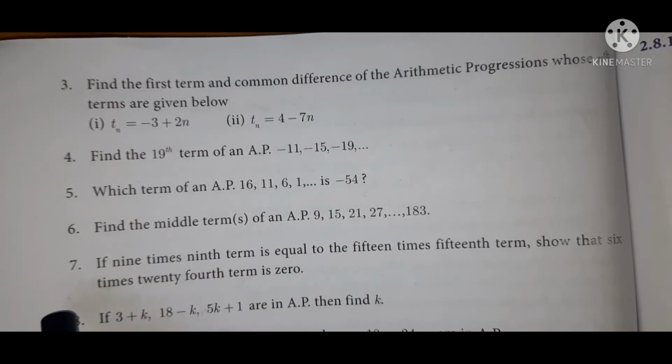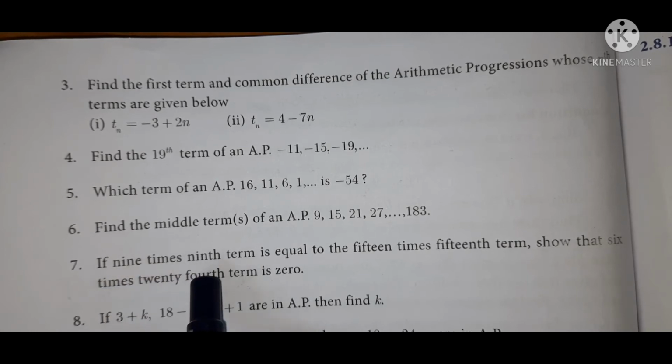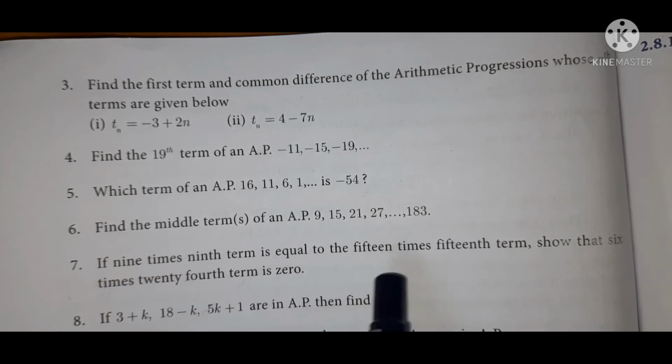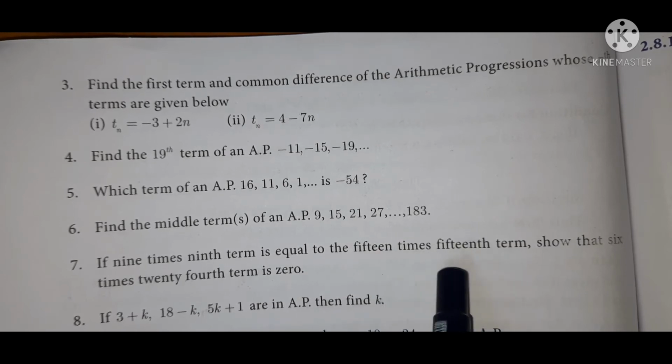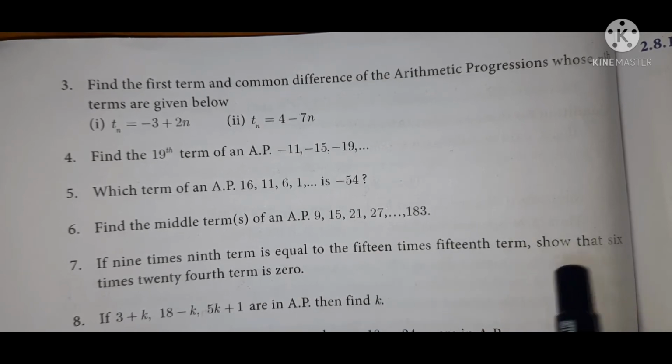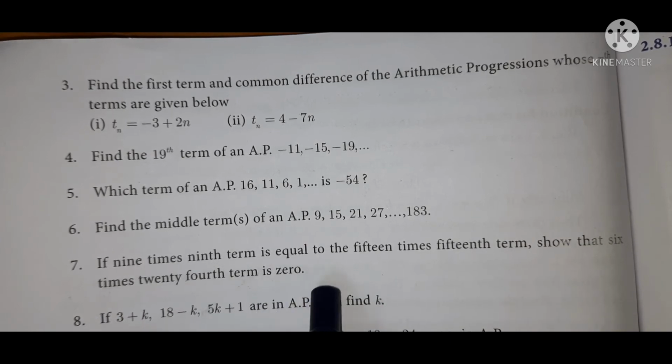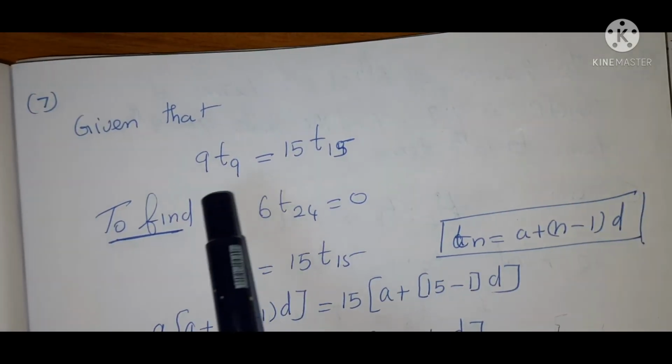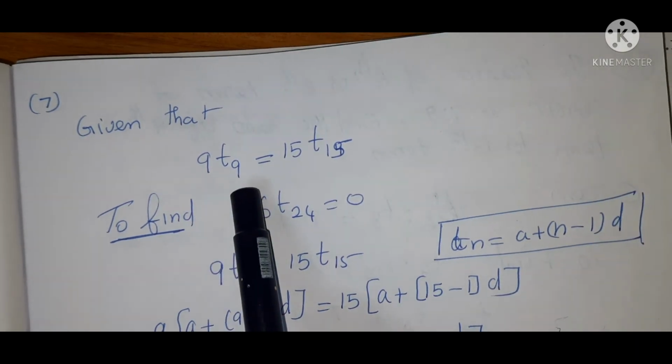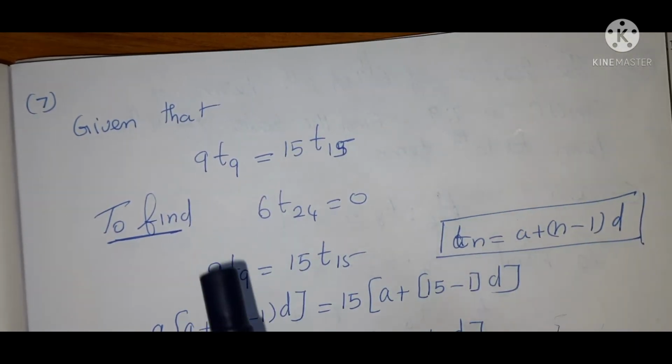Exercise 2.5 sum. If 9 times the 9th term is equal to 15 times the 15th term, show that 6 times the 24th term is 0. Given that 9 times the 9th term is equal to 15 times the 15th term.